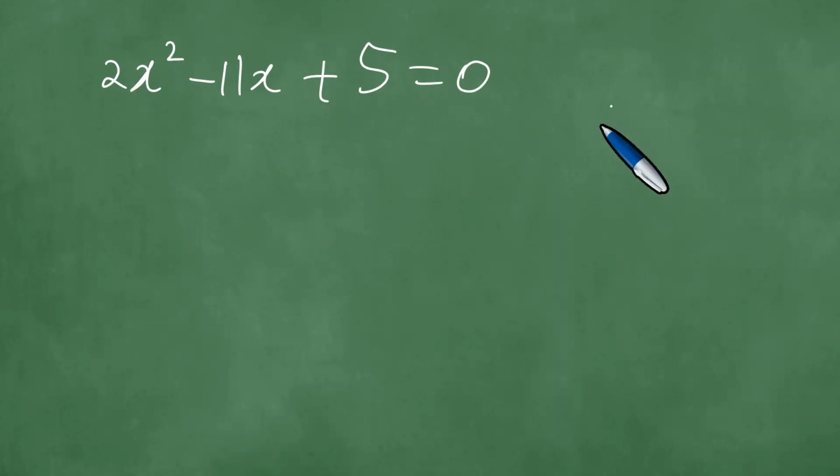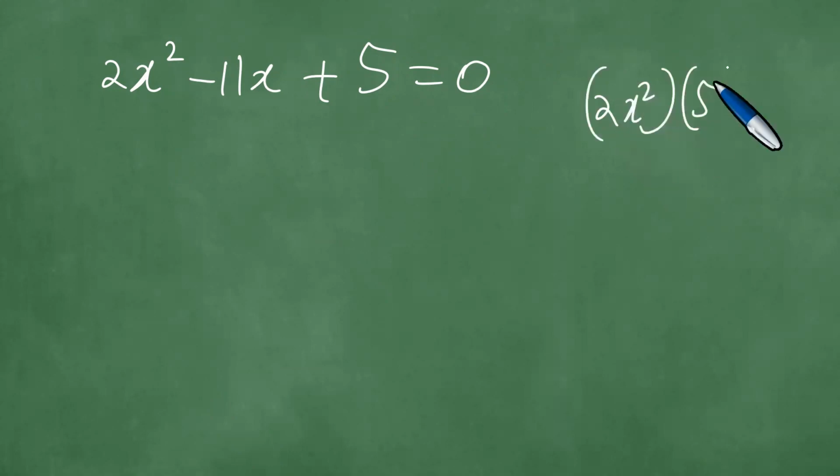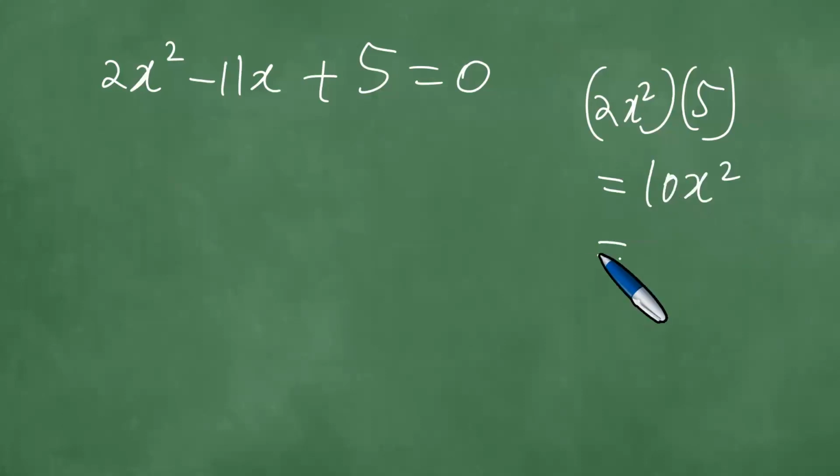We multiply 2x squared by 5, and we're getting 10x squared. So we look for factors of 10x squared that give minus 11. What are those factors?